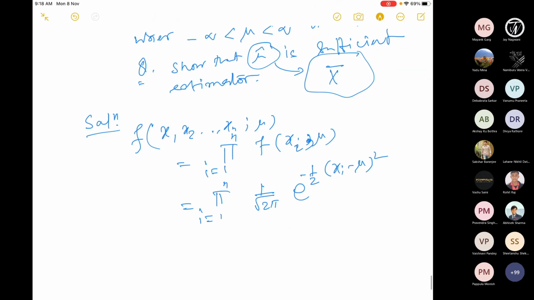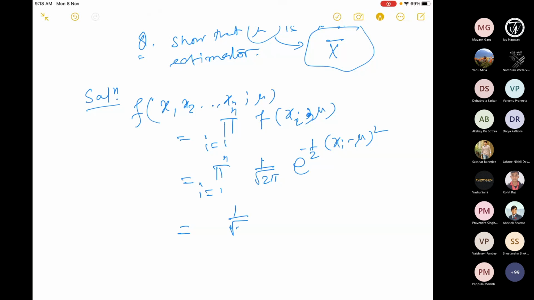Taking the product, this is 1 by square root of 2 pi to the power n times e to the power minus half sum over i equal to 1 to n of (xi minus mu) whole square.